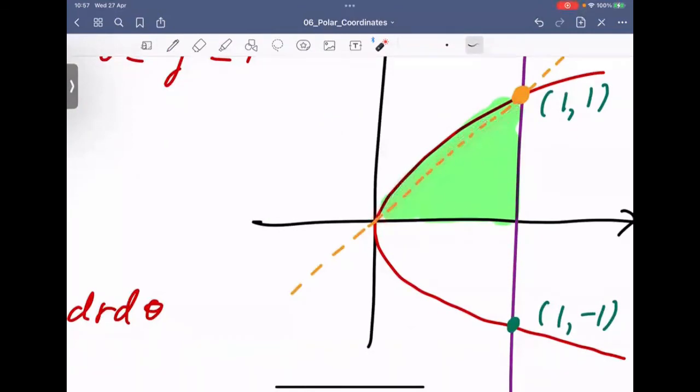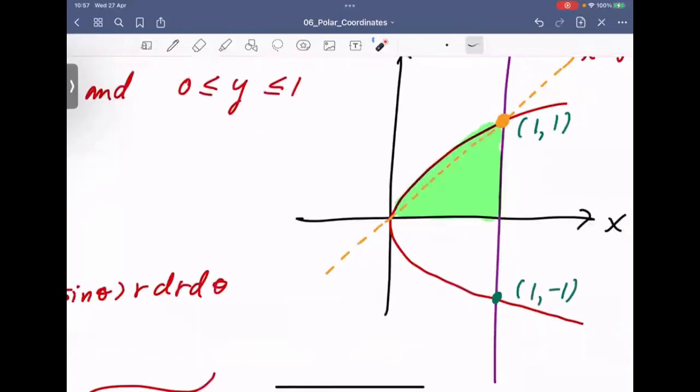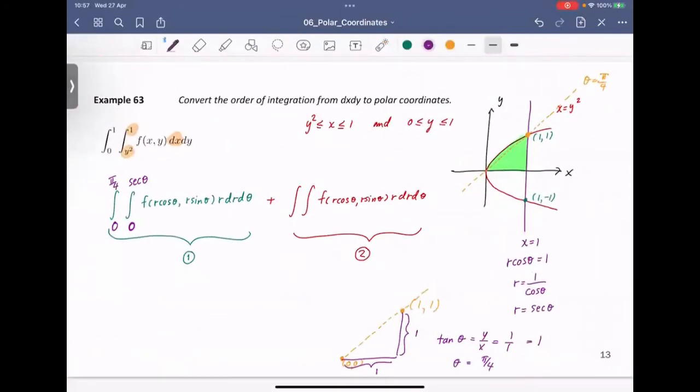At the end, when it hits pi over 2, it's going to have no length at all. So theta on the second piece is pi over 4 to pi over 2. You know immediately from the picture that it's going to be like that.